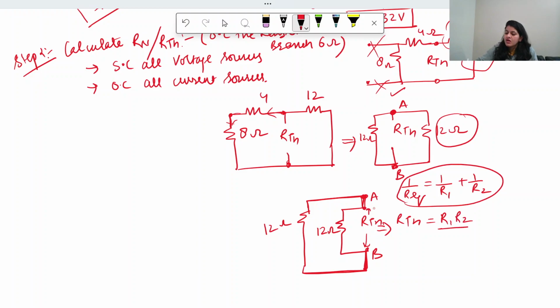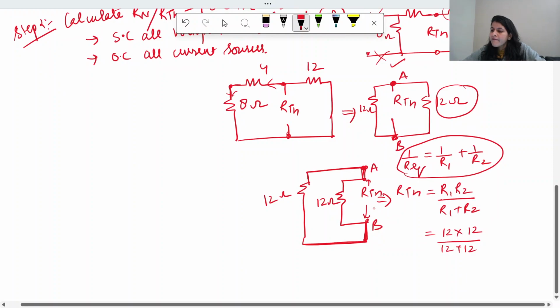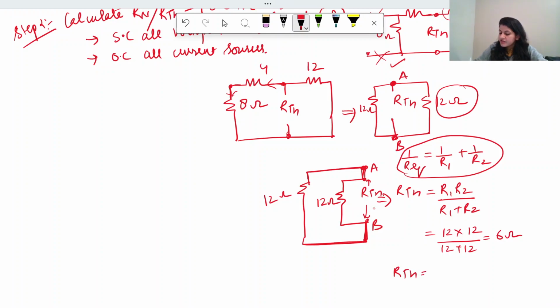R1 R2 upon R1 plus R2, that is 12 multiplied by 12 upon 12 plus 12, and this probably comes out, I might have the answer. So yeah, this is 6 ohm. I have solved it already. So this RTH comes out to be 6 ohm.